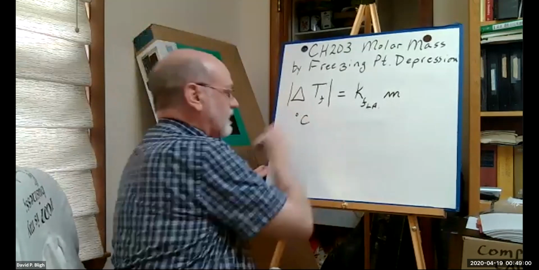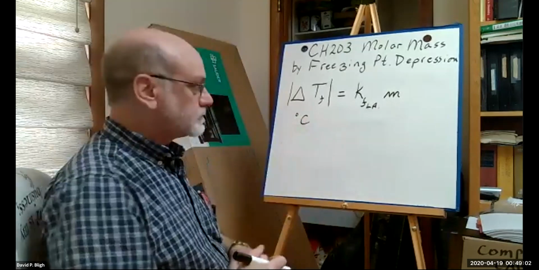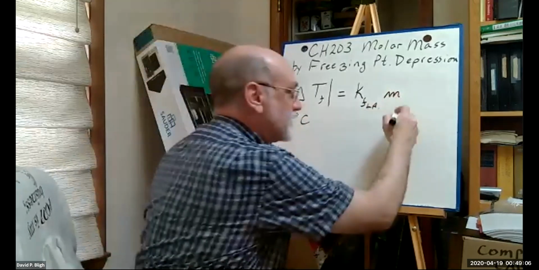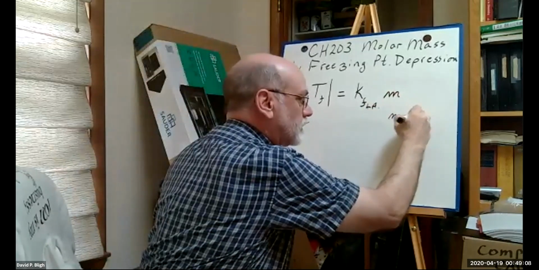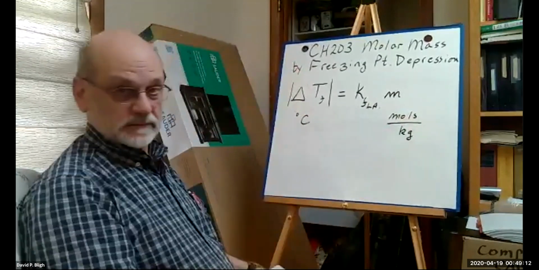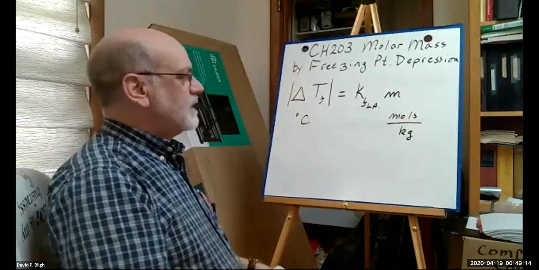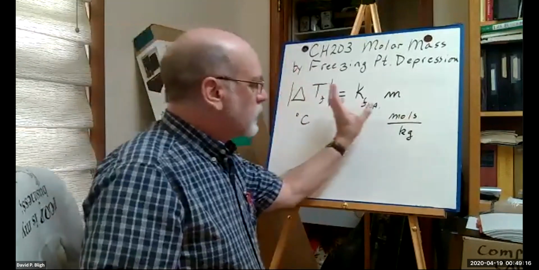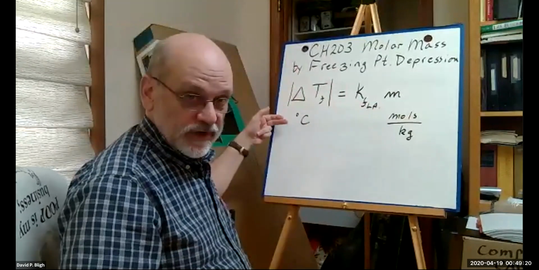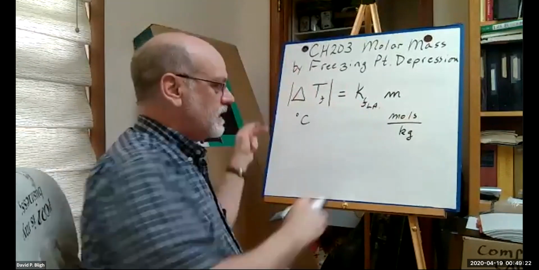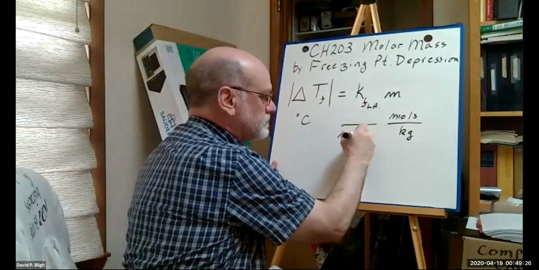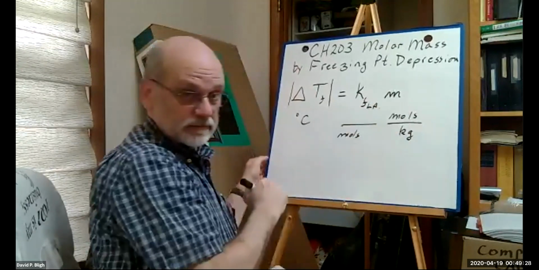Right? Units of measure. We already described molality as moles per kilogram. Okay? So, what will the units of the constant have to be in order to give you degree C as your answer? Well, you need to have moles on the bottom here to cancel, right?